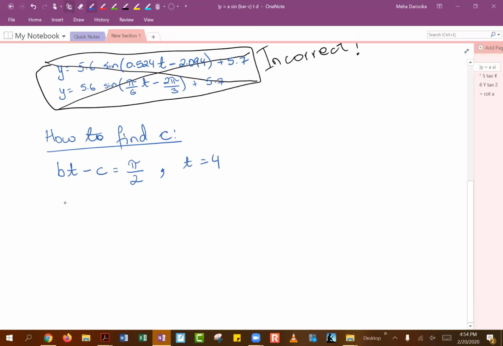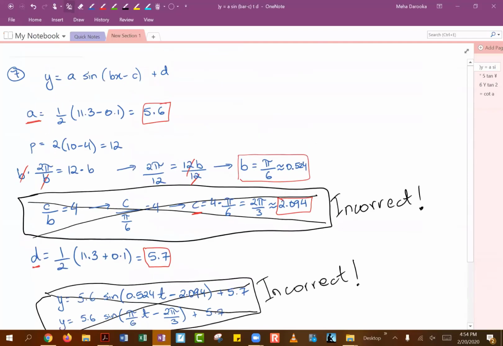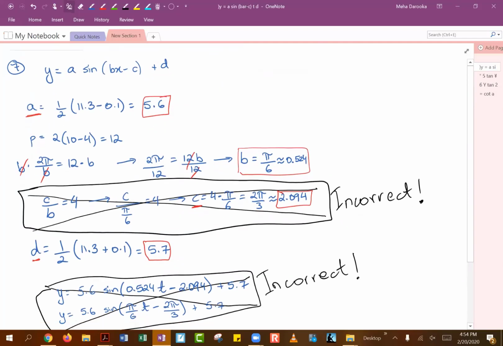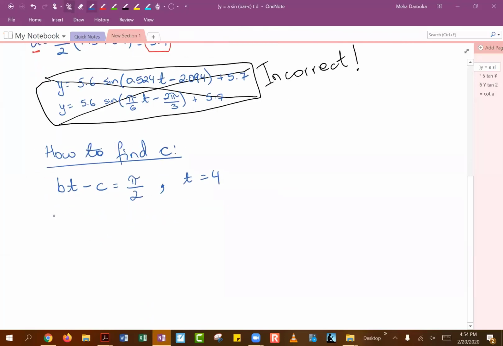Using that, if we plug these values into our equation here, from the previous step, we know our B value is approximately 0.524. So we'll go ahead and substitute that in for B, 0.524. We know our t value is at 4 a.m., which equals 4, minus c equals pi half.